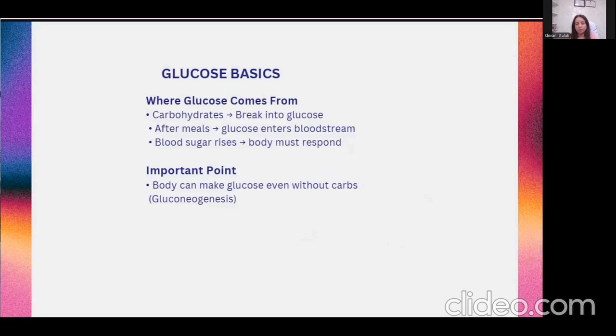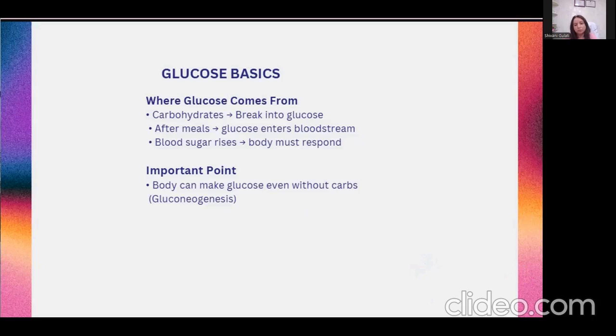But this is an important point: people usually don't know that the body is capable of making its own glucose. That is why we have the term gluconeogenesis. Even if you are not eating a carbohydrate-rich meal, the body can produce its energy by itself. The liver can convert proteins and certain fats into glucose as and when needed.